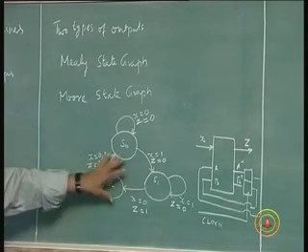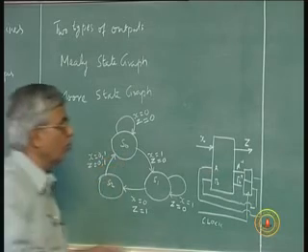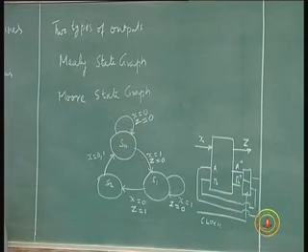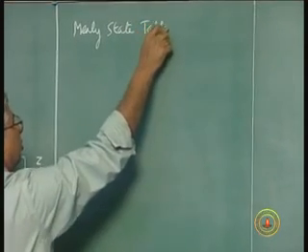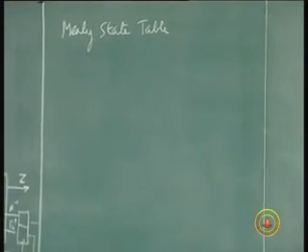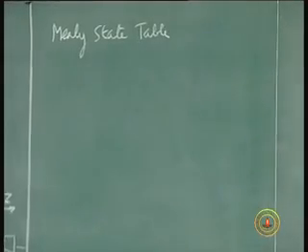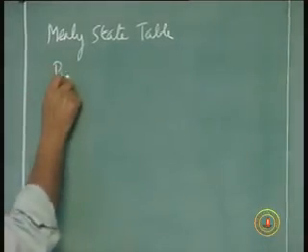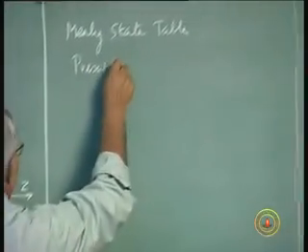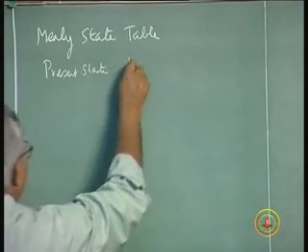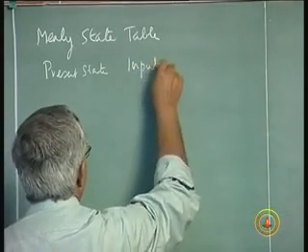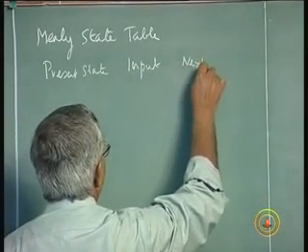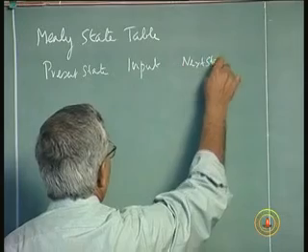So my state graph corresponding to this would be a Mealy state table. The Mealy state table would have columns: present state, input, next state, output.